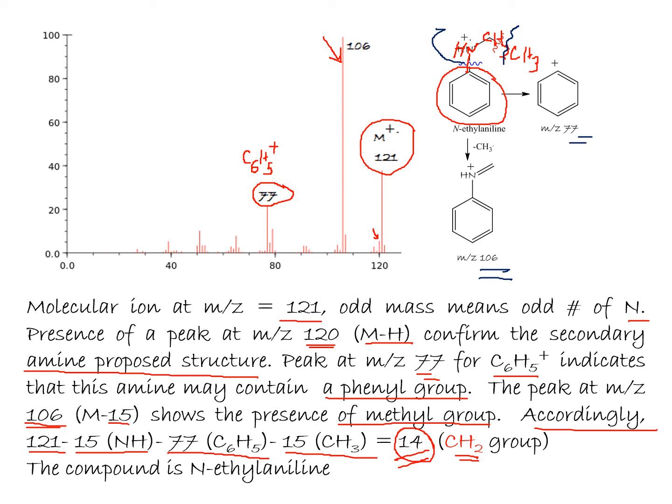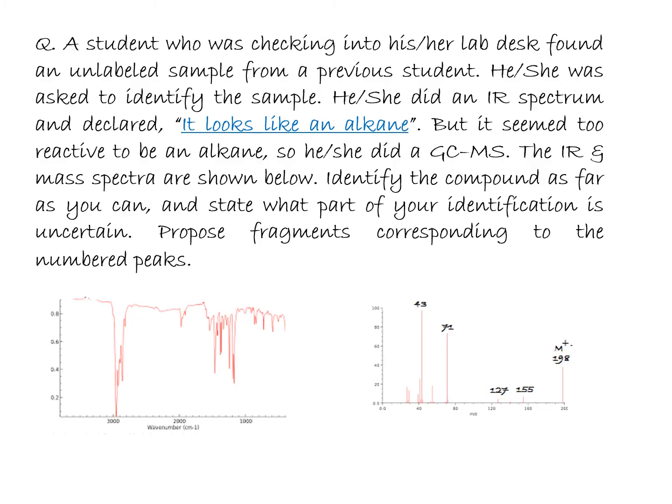Again, an easy example. A student who was checking into his lab desk found an unlabeled sample from a previous student. He was asked to identify the sample. He did an IR spectrum and declared, "It looks like an alkane, but it seemed too reactive to be an alkane."